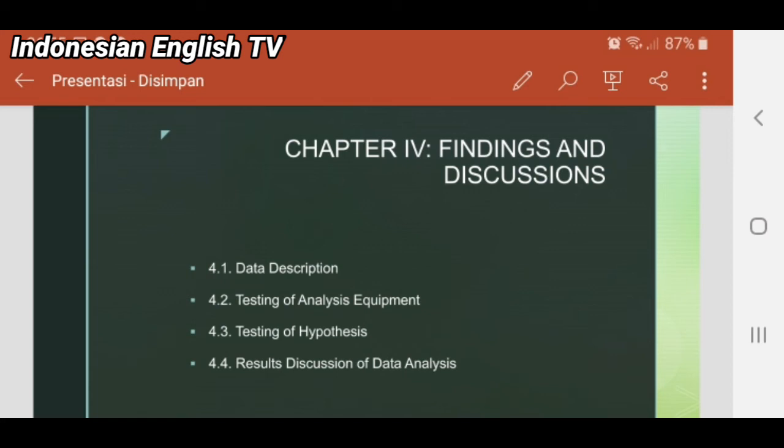So in chapter 4, you need to have more explanation, because this is the heart and the head of a thesis. The findings will be described here in detail, and the discussion also you will have to write here in detail about the results and the data. You need to match the result and the data.